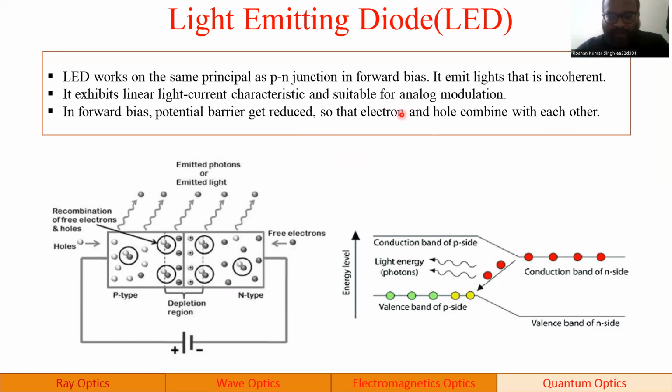LED is also suitable for analog modulation, and not for digital. How does it work? When we forward bias, we know that the potential barrier of the PN junction reduces, so that electrons and holes can easily combine.